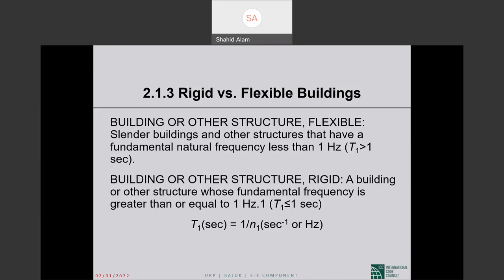Now there are details involved, unfortunately. A structure, except for very simple ones, one-story rigid box, has not just one period but multiple periods. We talk about modes of vibration, that is fundamental mode, second mode, third mode, etc. So here, when we are defining rigid versus flexible buildings, we use the period of the first mode, the fundamental mode.